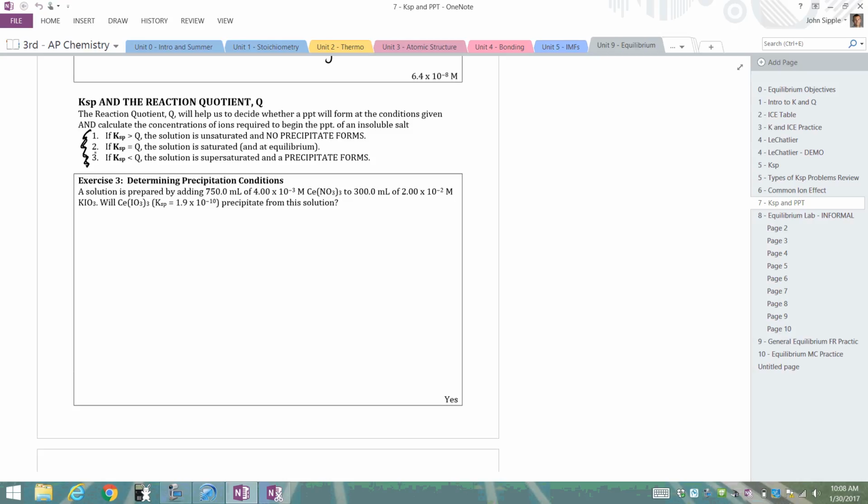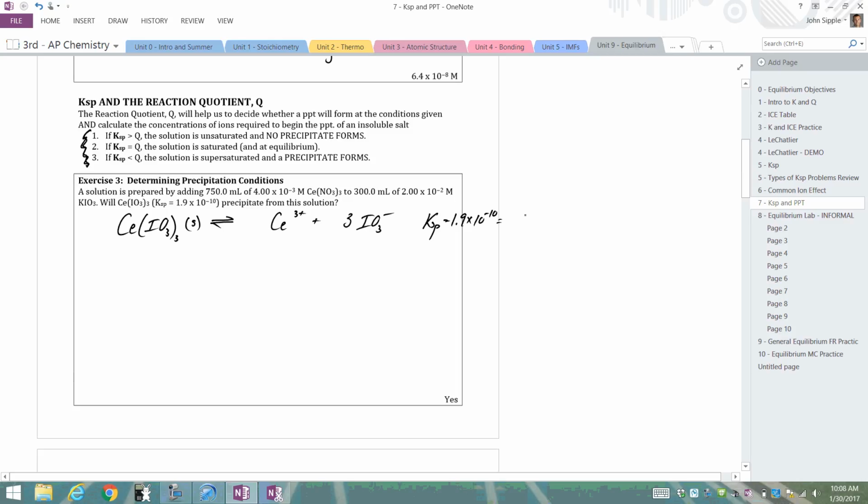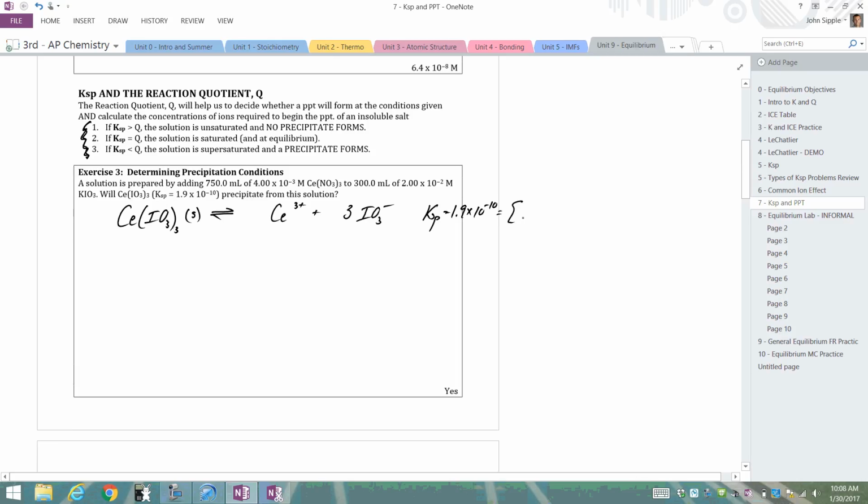Okay, well, the deal is, we're looking at this reaction here. CsIO3 solid goes to cesium ions and iodate ions, because our Ksp is equal to 1.9 times 10 to the minus 10, which is equal to the concentration of cesium ions times the concentration of iodate ions cubed.